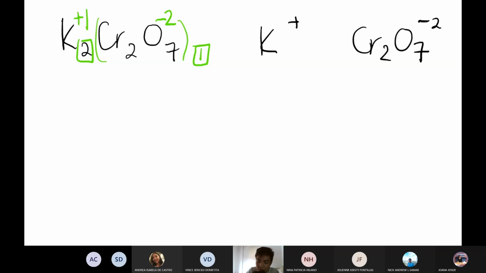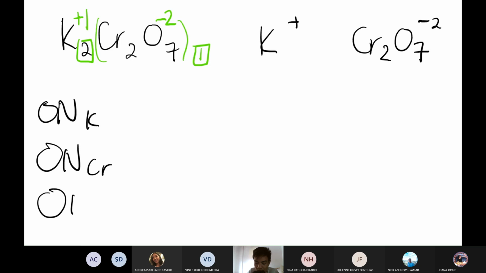So what's the oxidation number of K, the oxidation number of Cr, and the oxidation number of oxygen? K is a monoatomic ion, so that's positive 1. Easy. How about Cr and O? Okay, mapapansin mo, oxygen, is this in peroxide form?